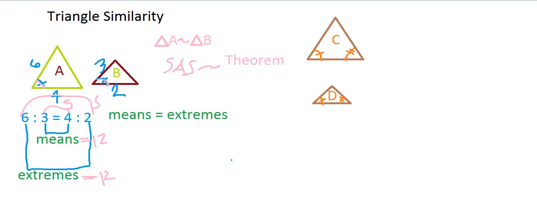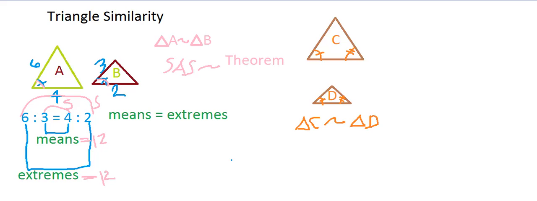Does it mean that triangle C is similar to triangle D? In fairness, this is true. Why?